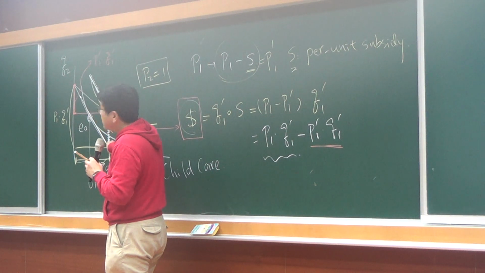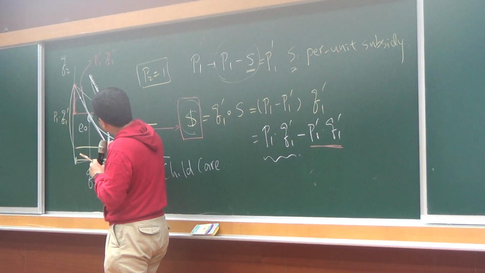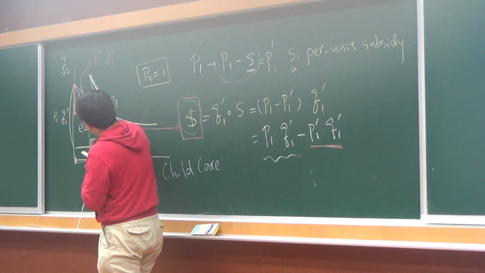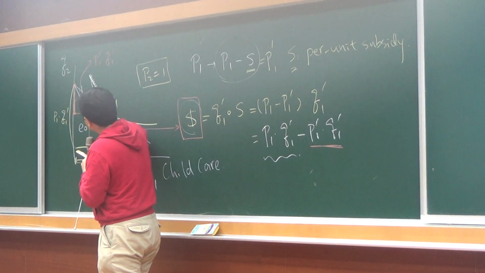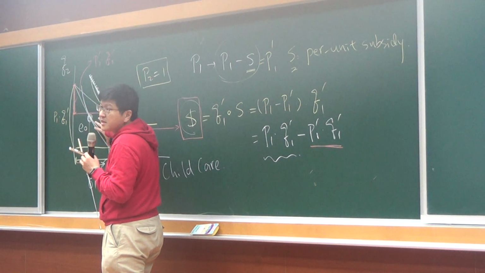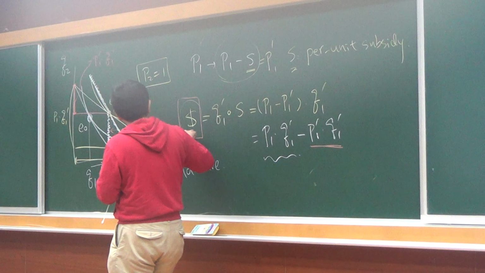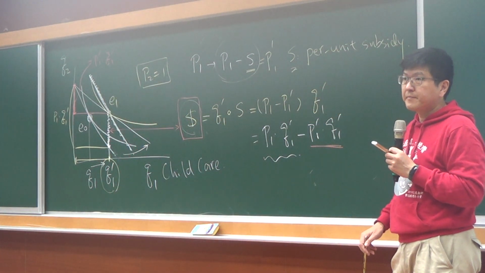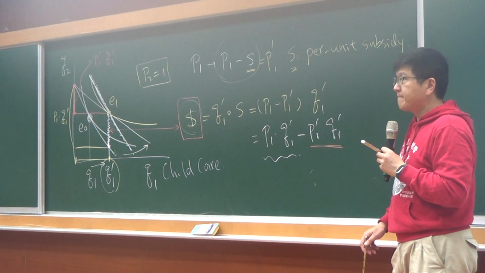So after the payment, the budget line becomes this one. And the difference between the two parallel budget lines should be this amount, right? And this amount corresponds to the total cost of the subsidy. Okay?